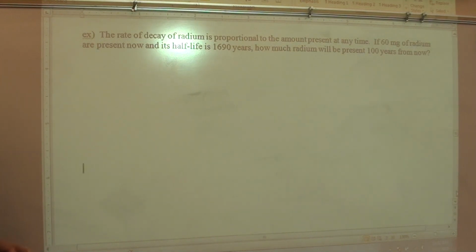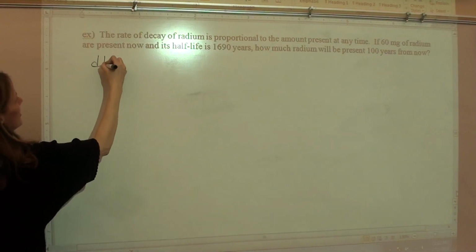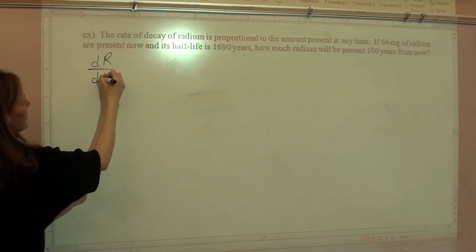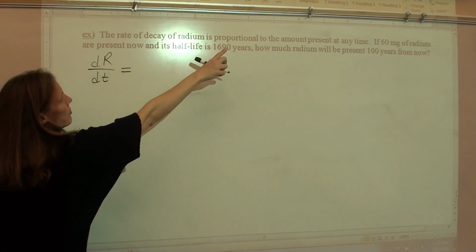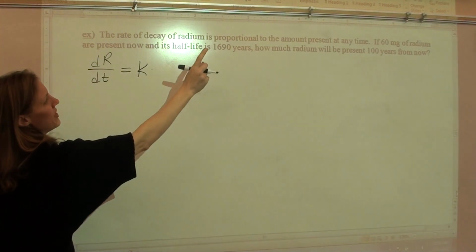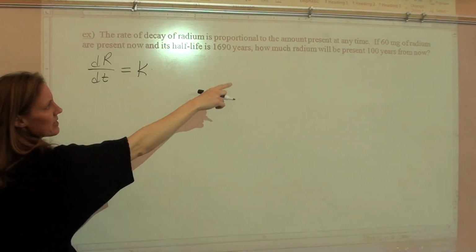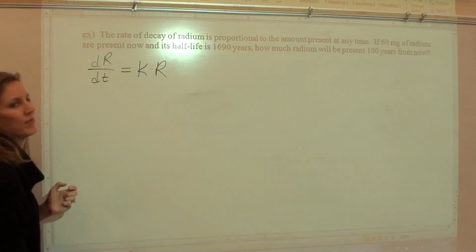So dR/dt equals kR. The rate of change of radium is dR/dt, equals means proportional to, k times the amount of radium present at any time, R.